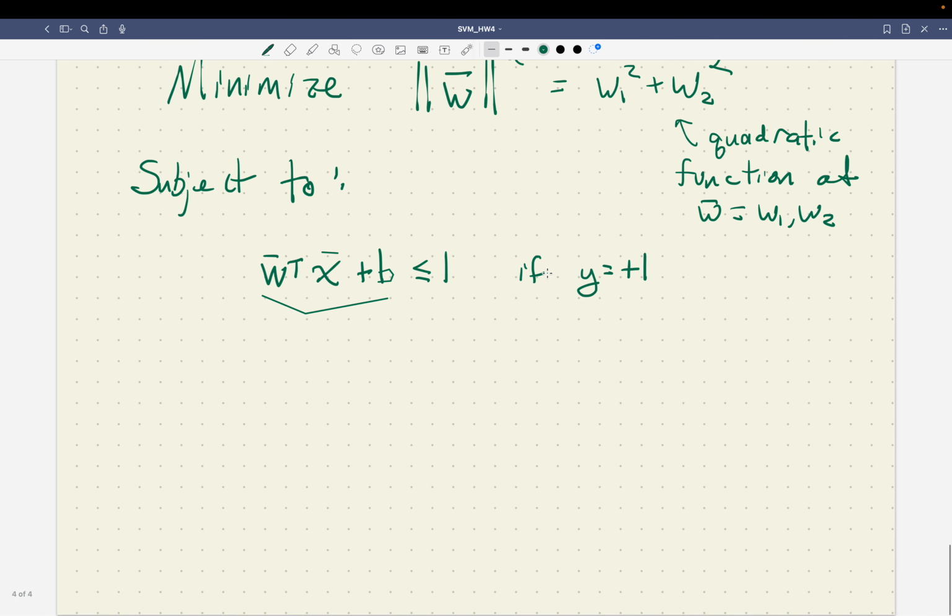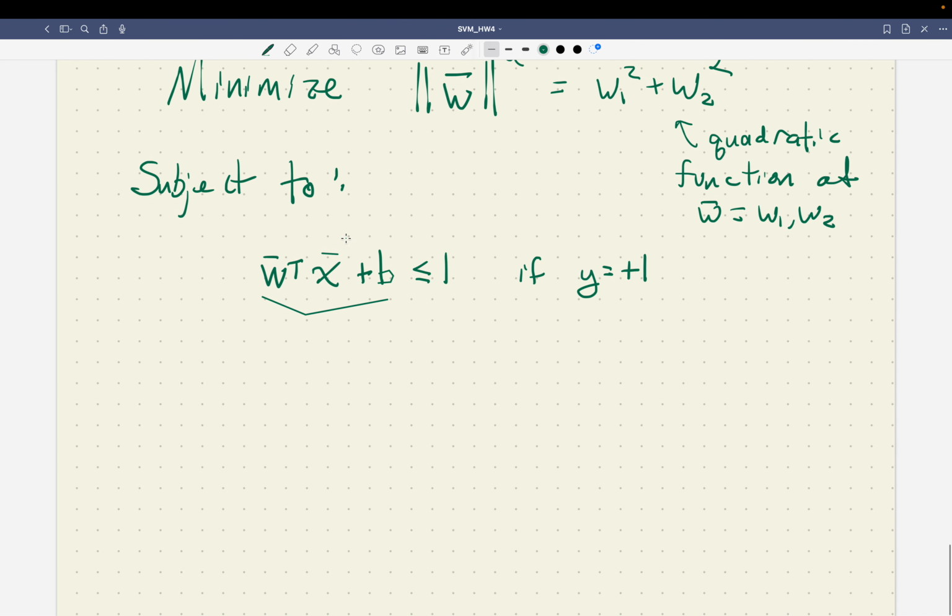And I'll do something similar here for the negative instances. I will say that w transpose x plus b is greater than or equal to minus 1 if... am I doing this exactly wrong? I think I'm doing it exactly wrong.